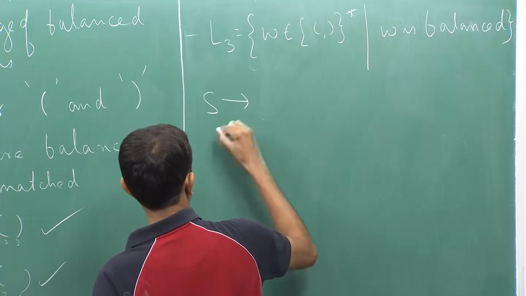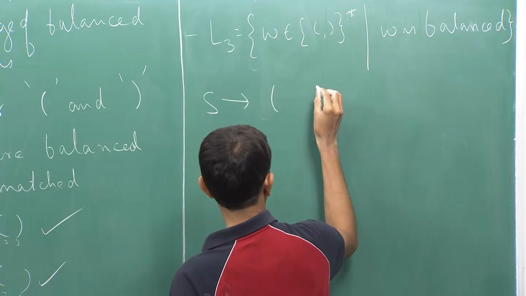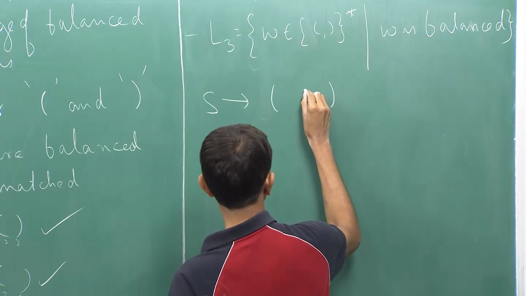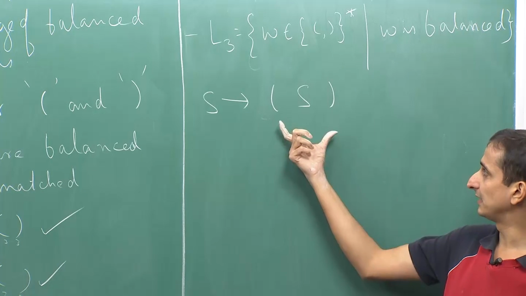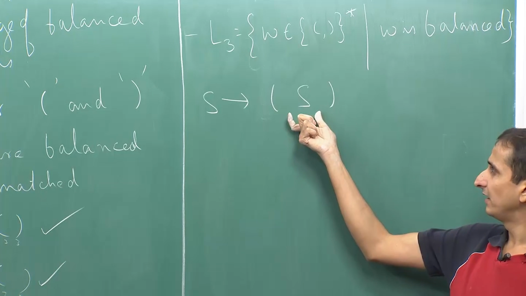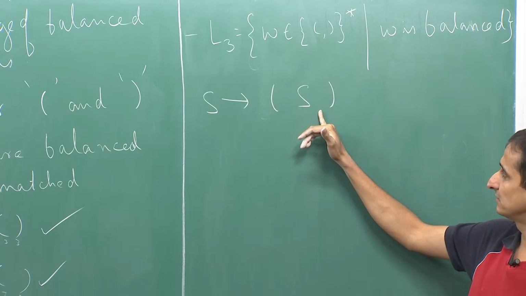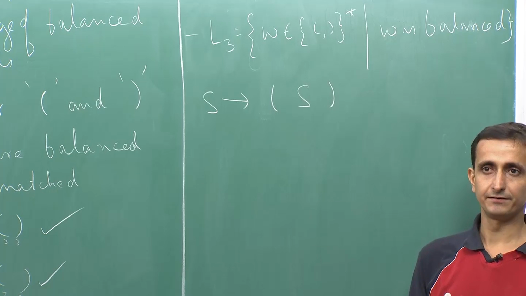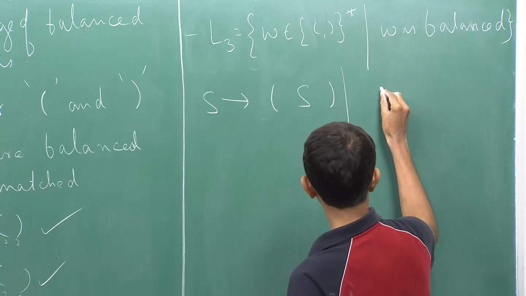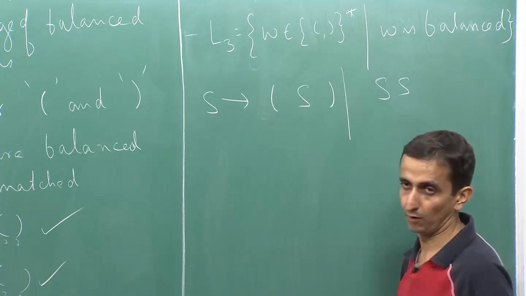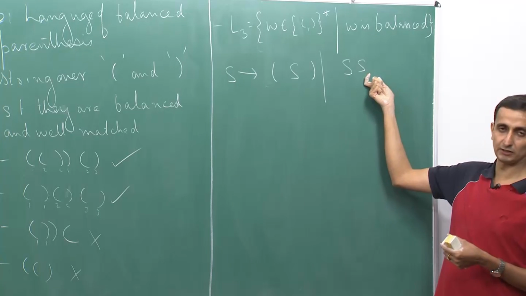Firstly, for every left I should have a right and the string in between is again balanced. So, basically a left gets matched with a right and it can nest another balanced parenthesis inside it, which is a smaller length, or it can be of the following form. Okay. So, I have some balanced parenthesis on the left and I have some on the right.